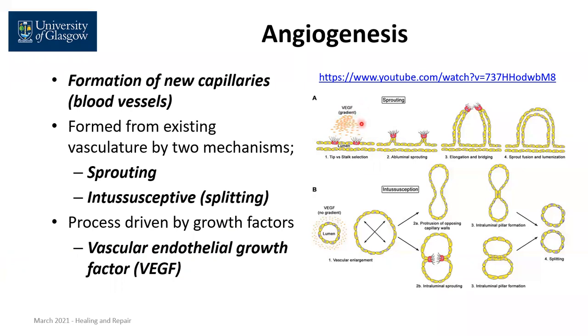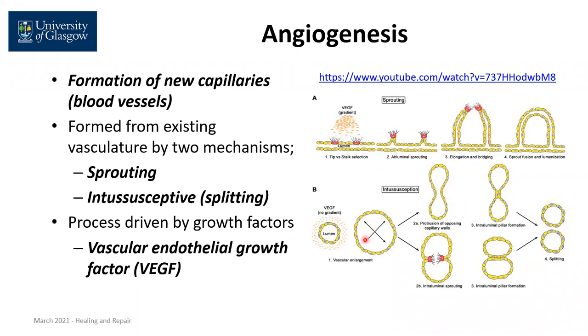And the production of this growth factor will basically result in a gradient. Ultimately, the endothelial cells will move towards that gradient. And as they move towards that gradient, they'll eventually encounter one another and form a new blood vessel, basically sprouting from an existing blood vessel.